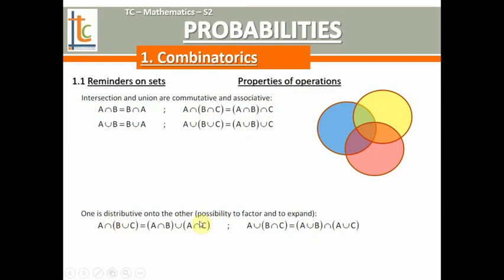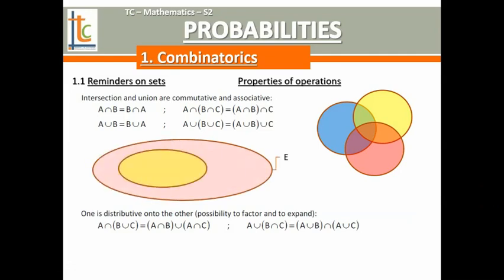This property will be important for us because it's related to trees in probabilities and to a very common situation of two crossing subsets inside a set. So you have to take a mental picture of what I'm going to display in this second graph. Inside a set E, let's say a population, you have two subsets.